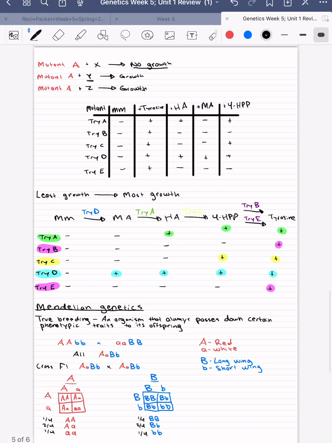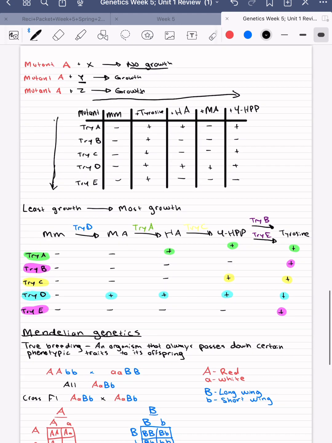So for example, here's how some of the problems would be written out. You'd have the mutants written out in some sort of order, going this way, and then you would have all the medias on top. So the way to solve this problem is, first things first, you'd have to order it from least growth to most growth.